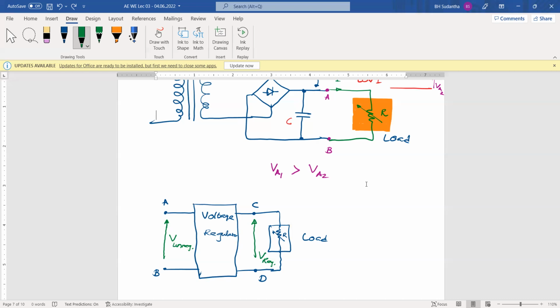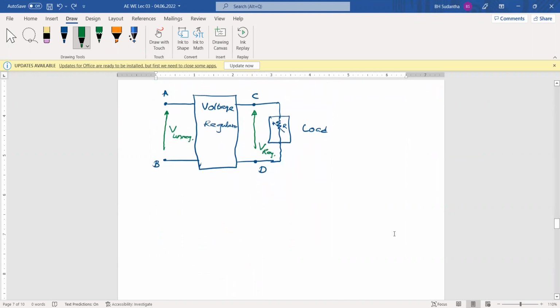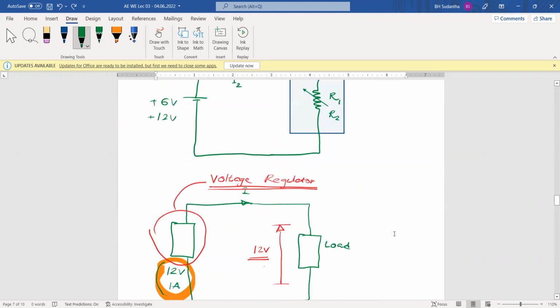Otherwise, depending on the amount of current you are taking from the power supply, your output voltage will vary. But if you have a voltage regulator, you will not have that problem. Did you understand the importance of having a voltage regulator there?